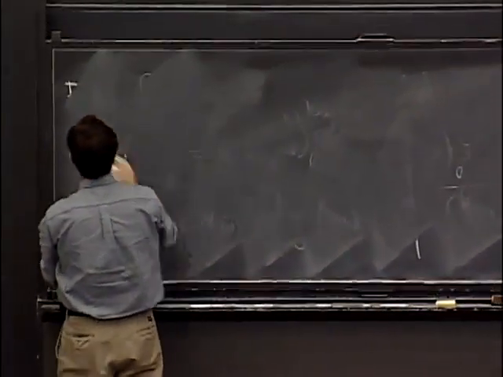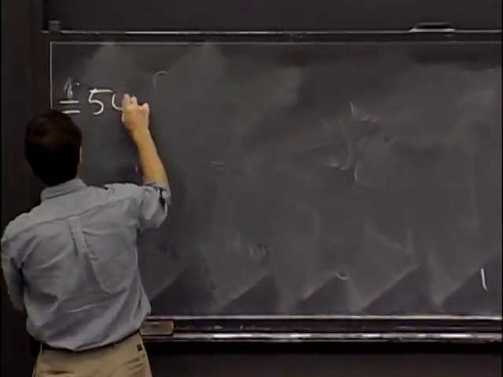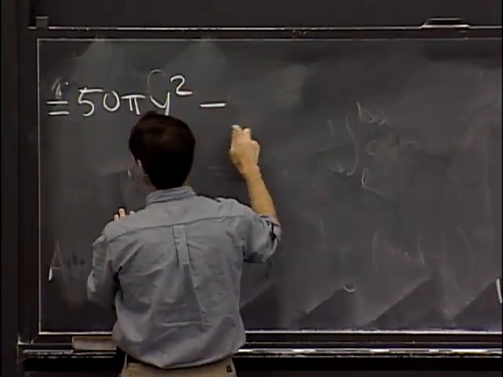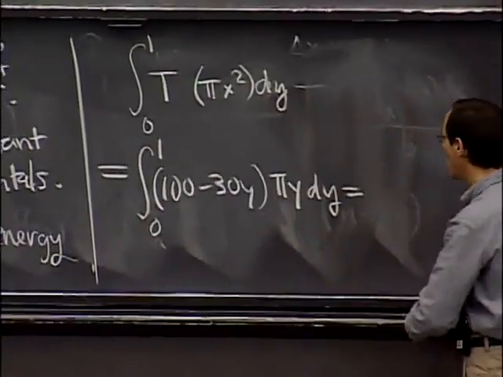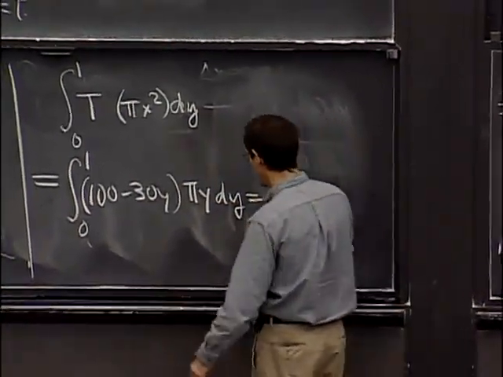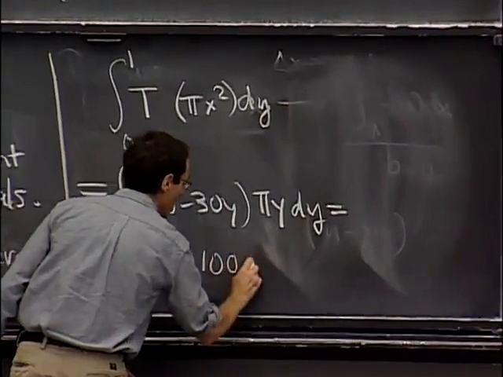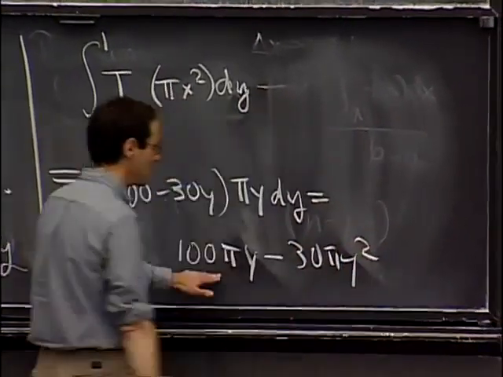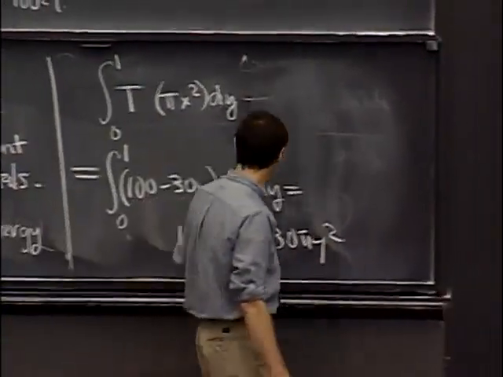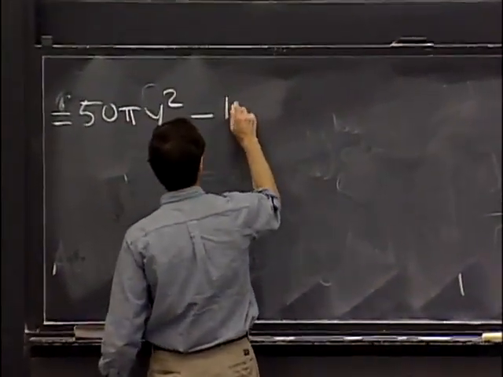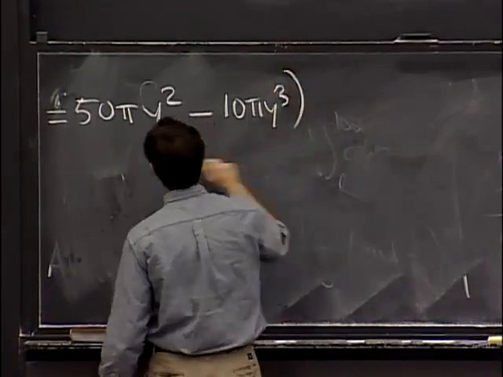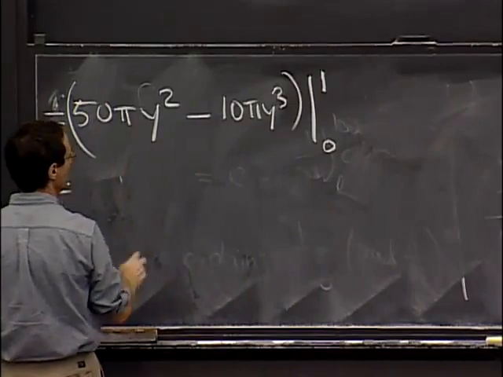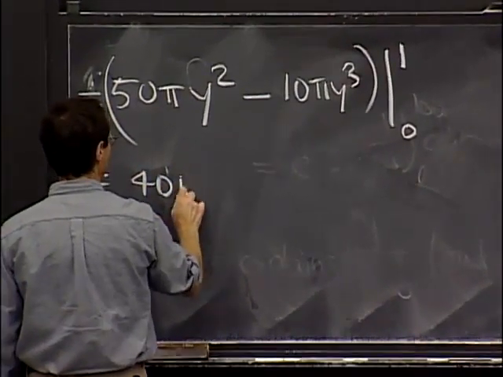It's equal to, this is 100 pi y minus 30 pi y squared, and I have to take the antiderivative of that. So I get 50 pi y squared minus 10 pi y cubed, evaluated at 0 and 1, and that is 40 pi.